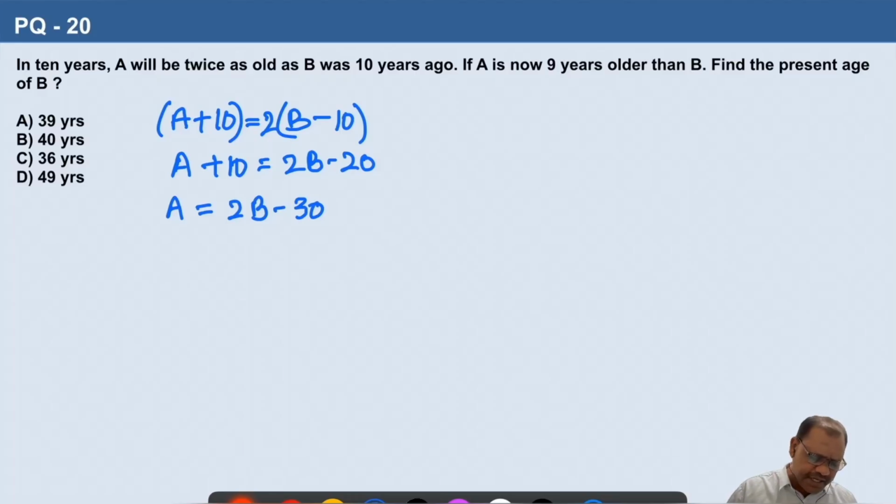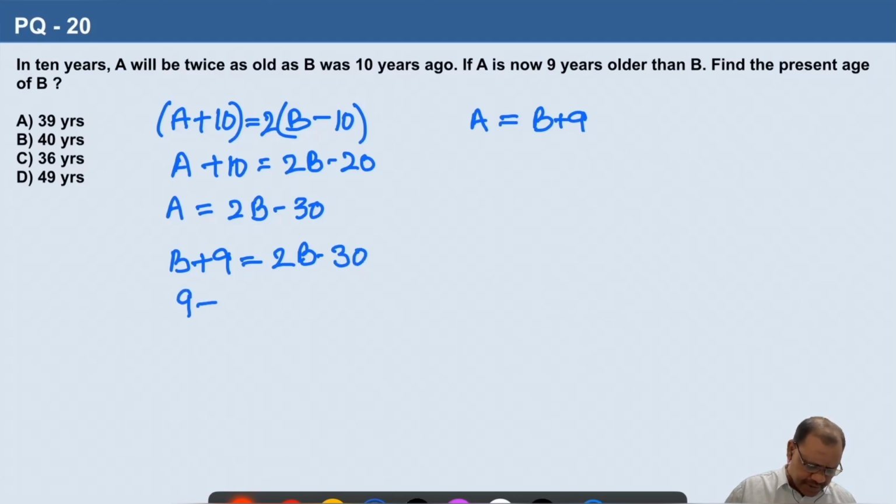If A is now 9 years older than B, A is B plus 9. Find the present age of B. So in place of A, substitute B plus 9 here. B plus 9 is equal to 2B minus 30.